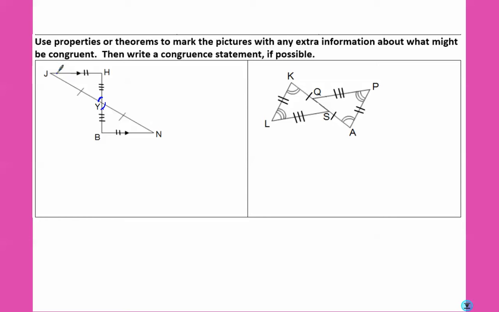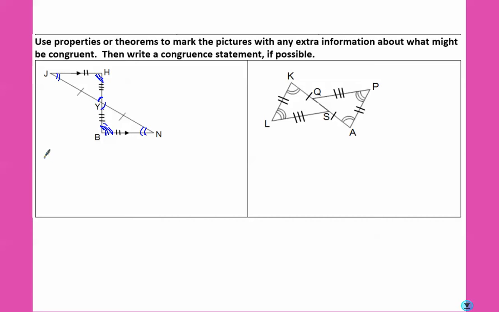That means that angle J and angle N are congruent because they are alternate interior angles. JH and BN also have a transversal of BH. So that means that these angles are also congruent because they are alternate interior angles.